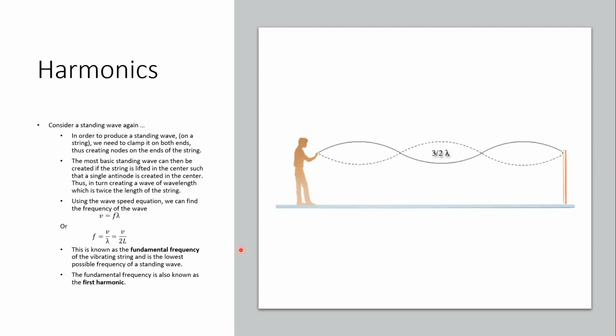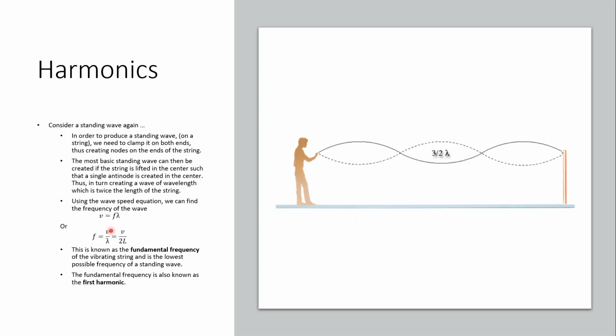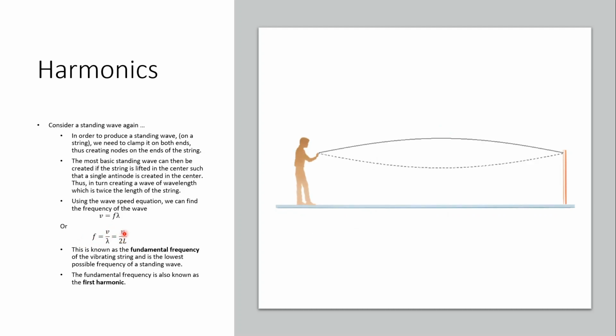This utilization of two nodes and one antinode gives you your first fundamental frequency, which is the velocity divided by 2 times the length of the string, and that's your first harmonic.